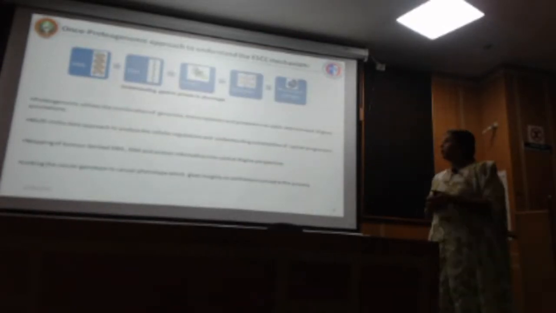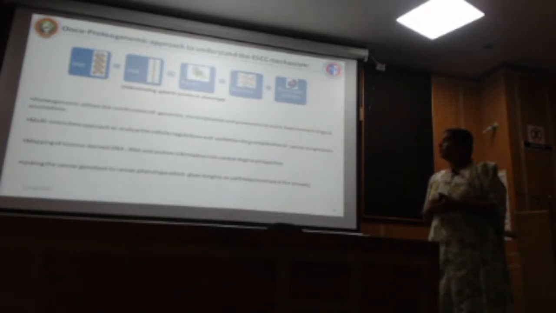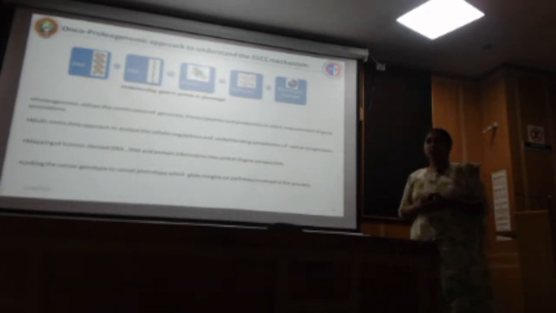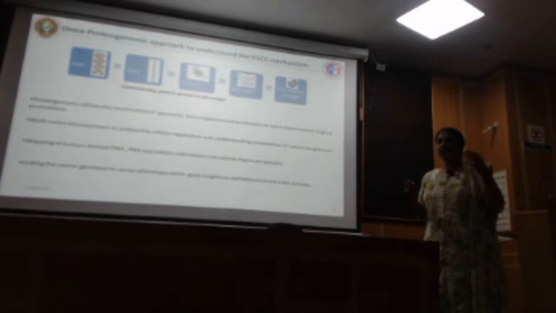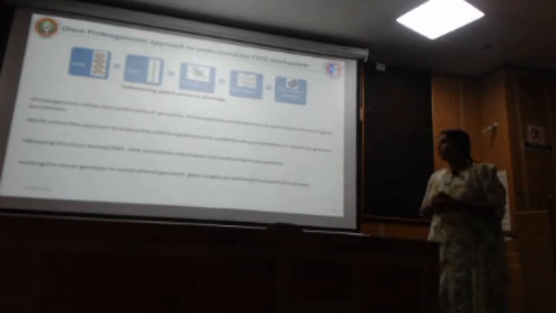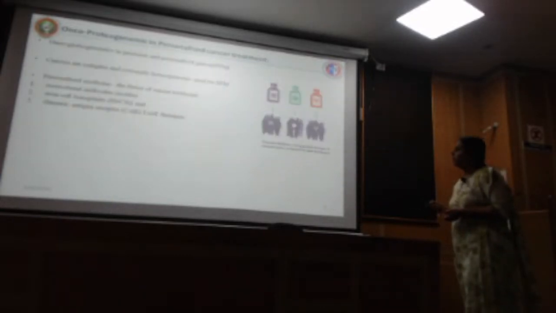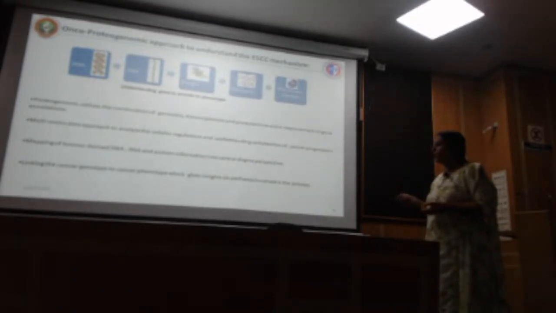And now, we will discuss the oncoproteogenomic approach to understand the cancer mechanism. Proteogenomics is a technique of analysis where we combine multi-omics data such as genomics, transcriptomics, and proteomics to improve the gene annotations. So here we are aligning DNA, RNA, and protein from a central dogma perspective.